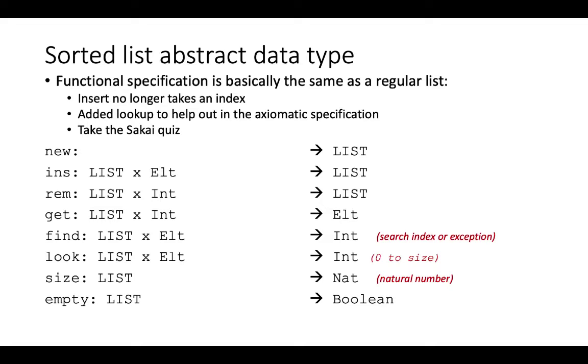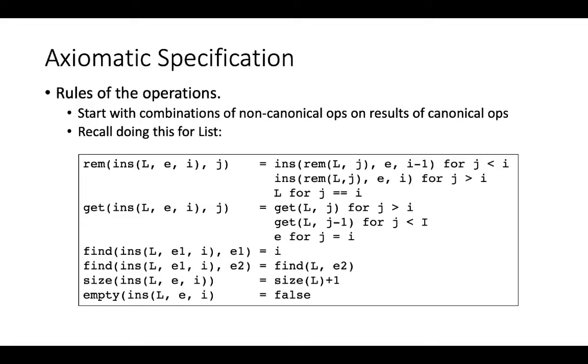So once we have our functional specification, then it's time to specify some axioms. Remember, the axioms are how we codify logically, how we reason about the correct operation of the data type.